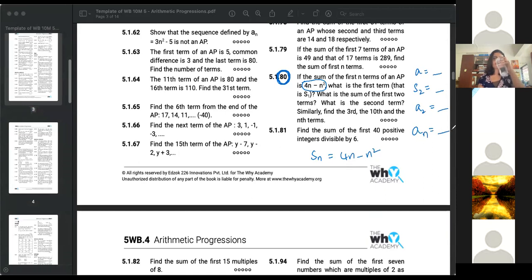Ma'am, A is equal to S1, right? So if an AP has only one term, sum of that one term is going to be that particular first term. So that's why just finding out what is S1 will give you A. There you go.